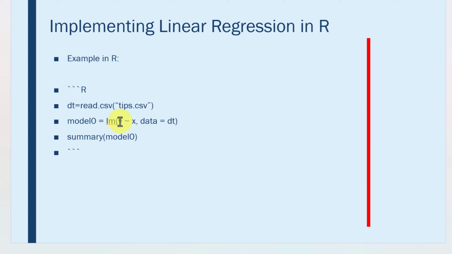In this case, y would be our tip and x would be our total bill, and we try to see if we can predict tip out of total bill. We do expect that the higher the total bill, the more tip will be paid, but that's something which we will be testing. We then use summary(model0) to print out the results.